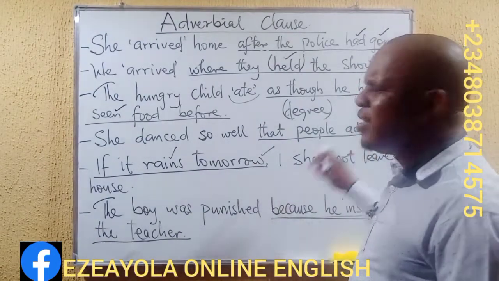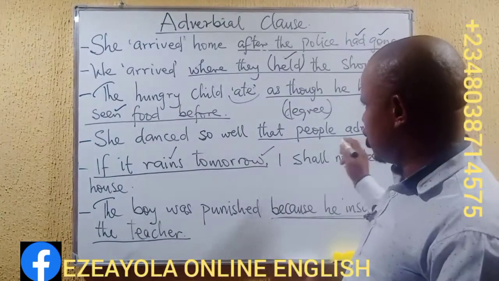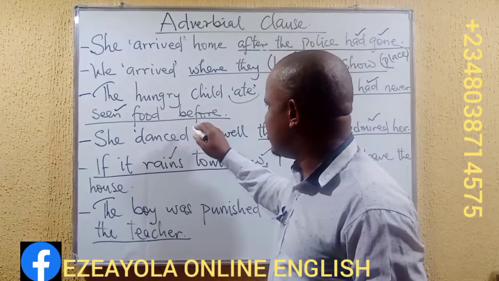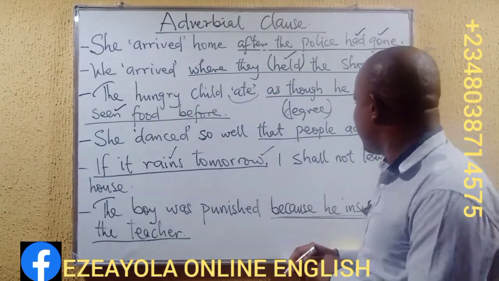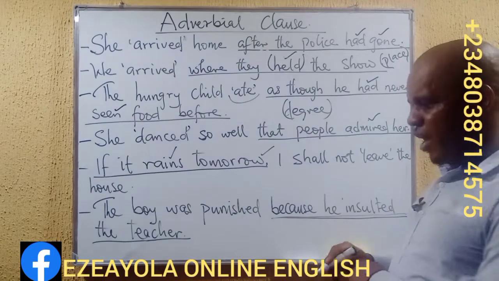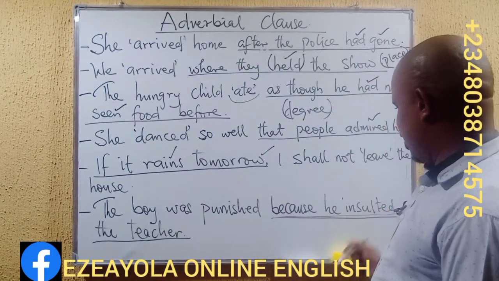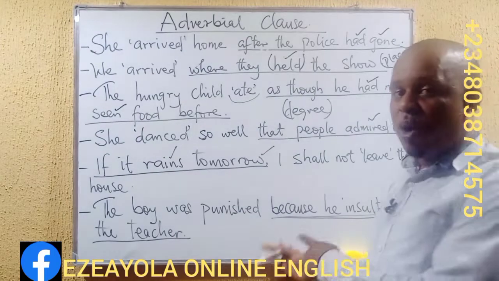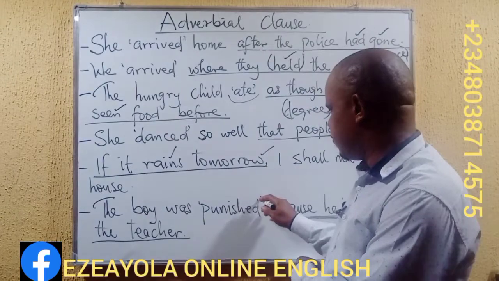What is the function? It is modifying the verb danced. The next one, it is modifying the verb live. Then we have the boy was punished. Why? Because he insulted the teacher. What is the function of this adverbial clause? It is modifying the verb punished.